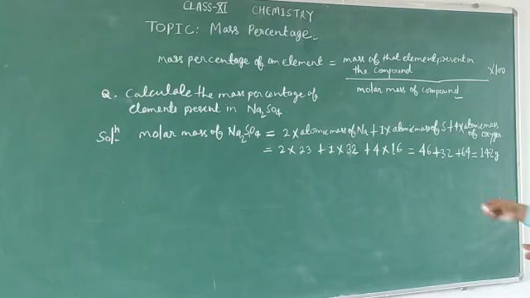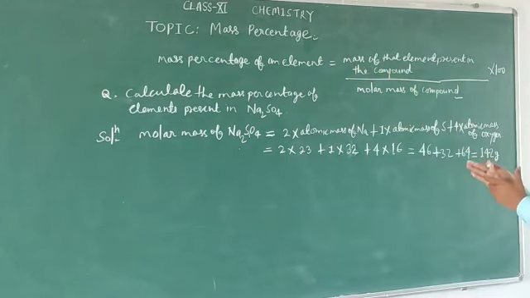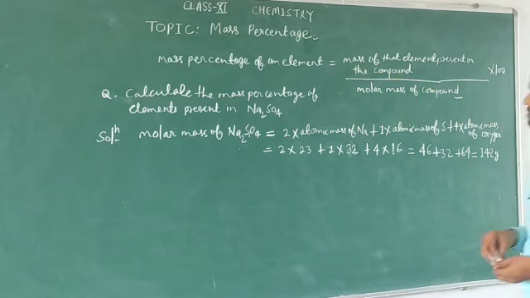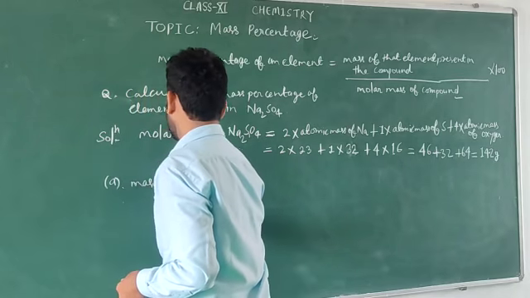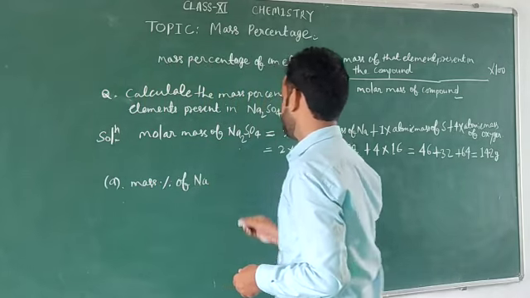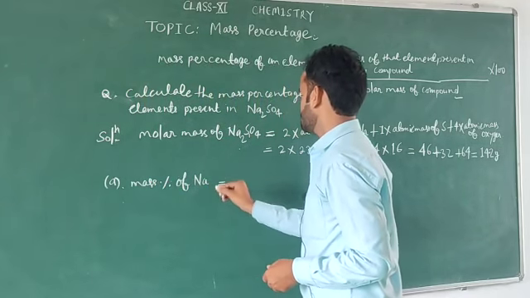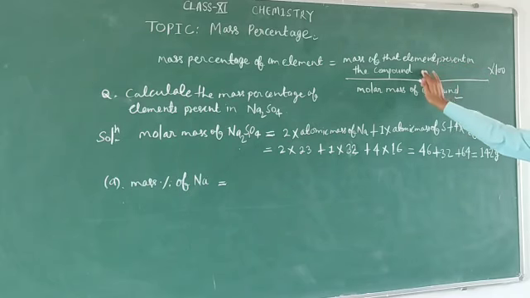Now let's calculate the mass percentage of sodium, sulfur and oxygen one by one. The first one is the mass percentage of sodium. As given in the formula, it is the mass of that element present in the compound.